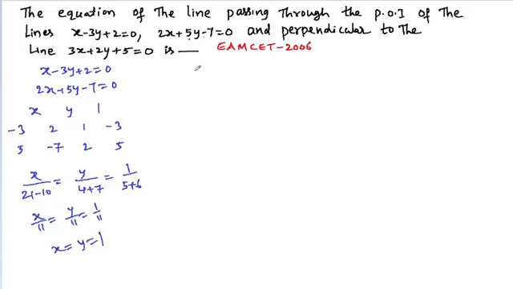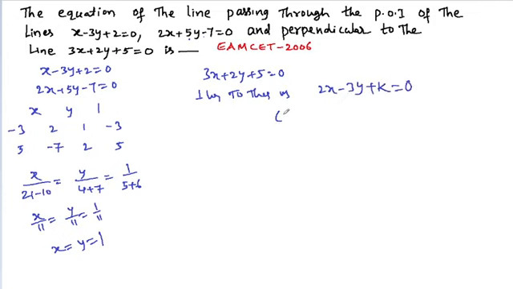And the line perpendicular to the line 3x plus 2y plus 5 is equal to 0 is in the form 2x minus 3y plus k is equal to 0.